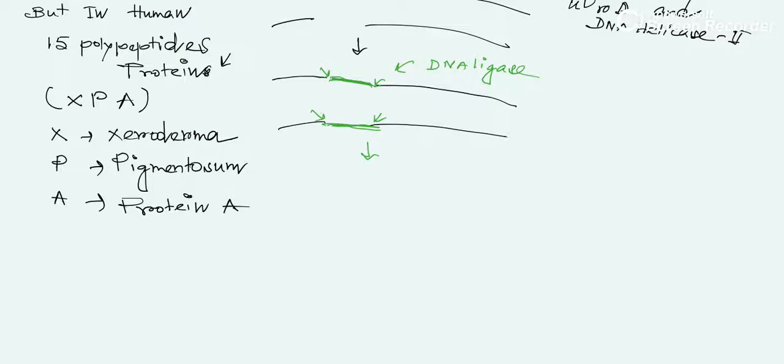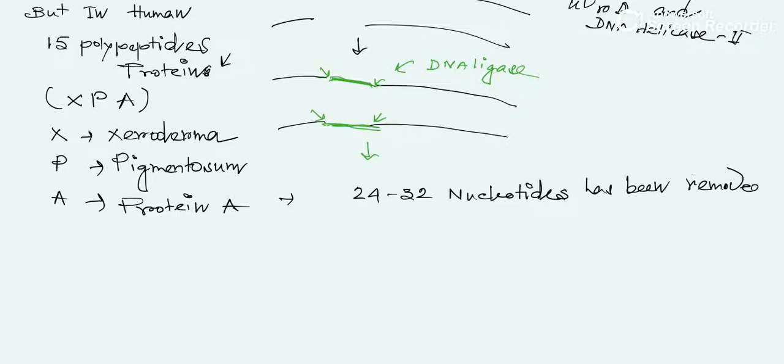So this function is performed by the XPA protein, a 15 polypeptide containing protein, which is done by UVRA and B in E. coli. So now the damaged part has been recovered in the human, and in humans 24 to 32 nucleotides have been removed in this process.